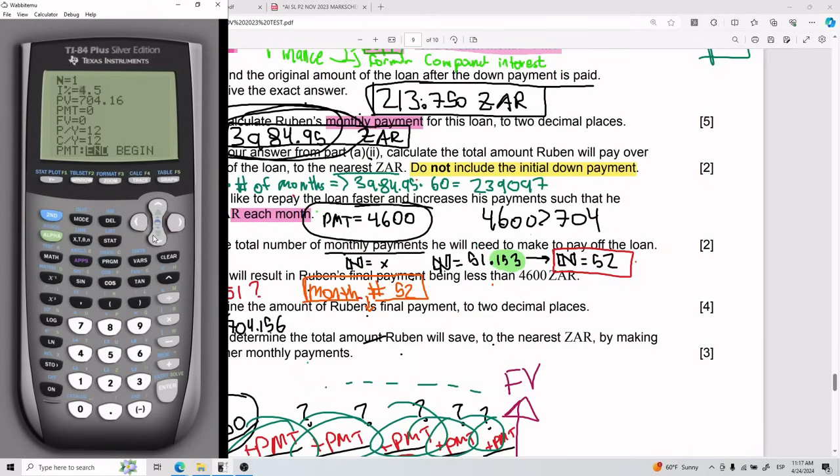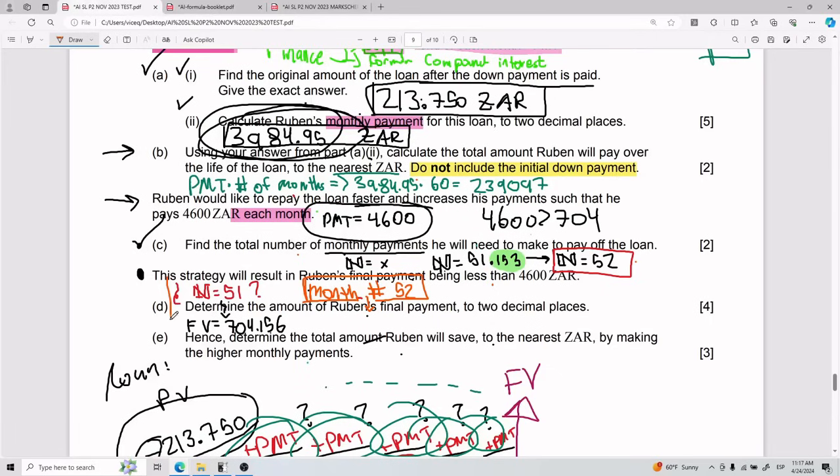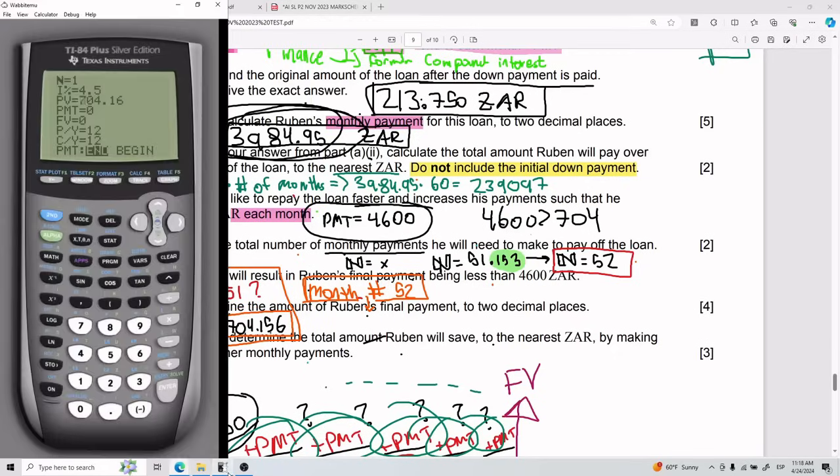Your percent is the same because they have not changed it. Your PV is 704, which was the FV of N equals 51. That means at the end of month number 51, Ruben still owed 704 ZAR. So for month 52, you put 704 ZAR as present value, and you need to see how much you need to pay monthly to reach 0 for FV.